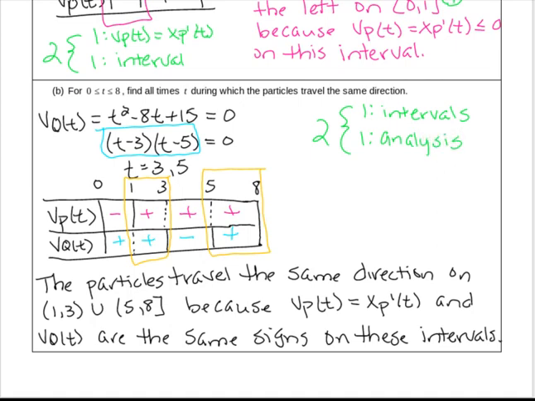As a quick side note, they said you would get 1 out of 2 if you only have one interval, and an automatic 0 out of 2 if you have no analysis to go with it. Really, they're looking at that table as the analysis, but you want to have your justification in your answer also.